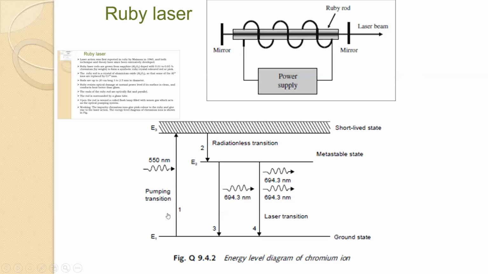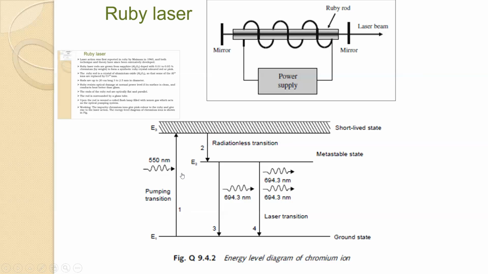We give optical pumping with the xenon flash lamp. It gives a frequency or energy corresponding to 550 nanometer.